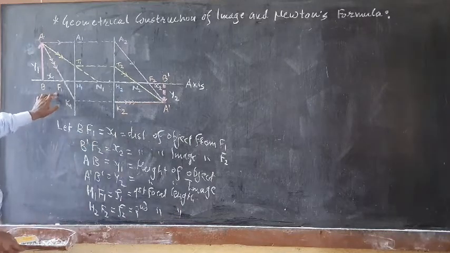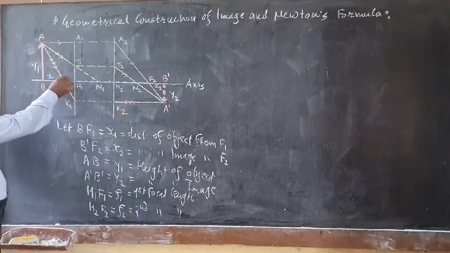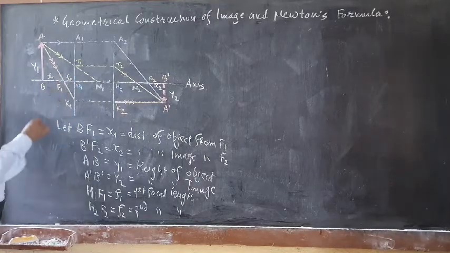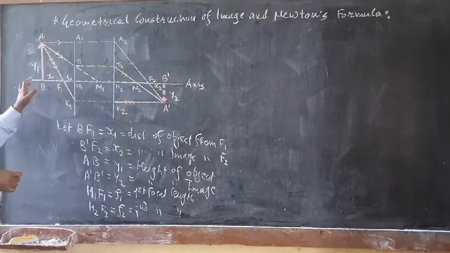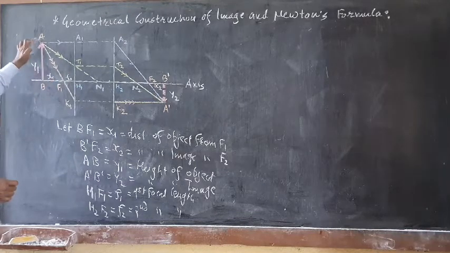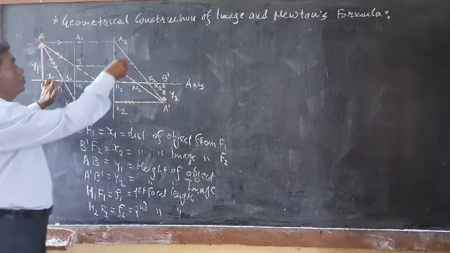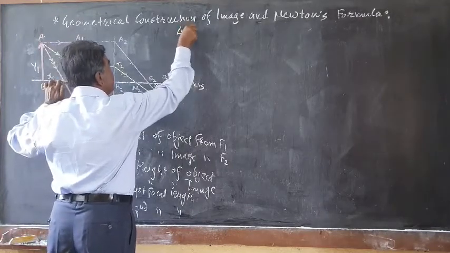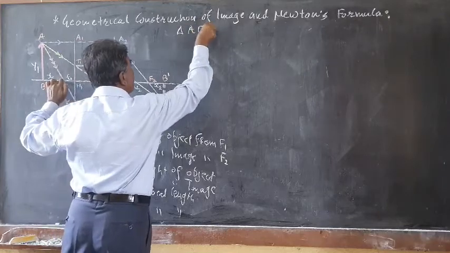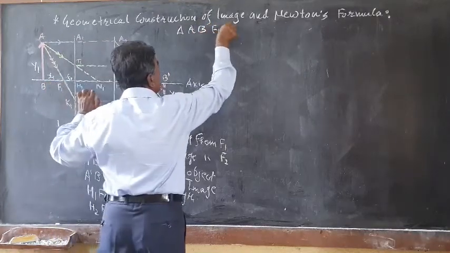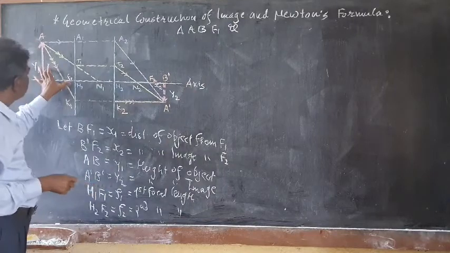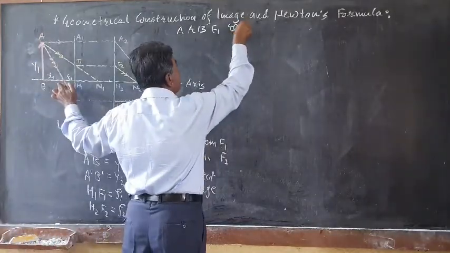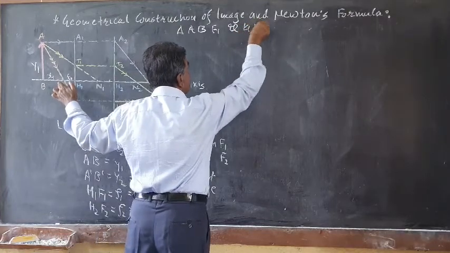So let us suppose here this is x1, this is nothing but f1, the first focal length, and so on. Now from the similar triangles A, B, F1, so we will consider which triangles? Triangles A, B, F1, and the similar triangle is nothing but K1, H1, F1.